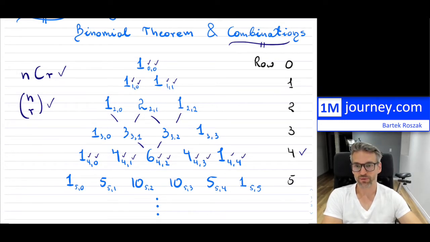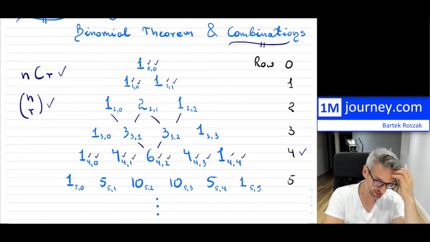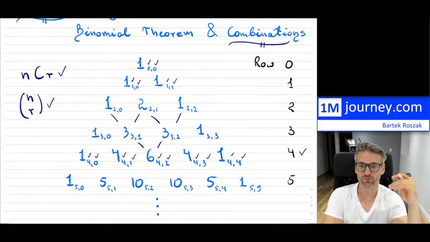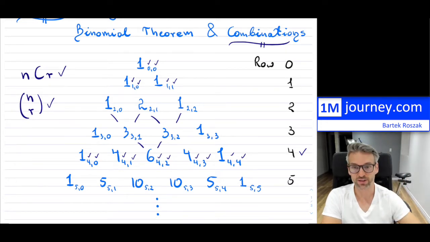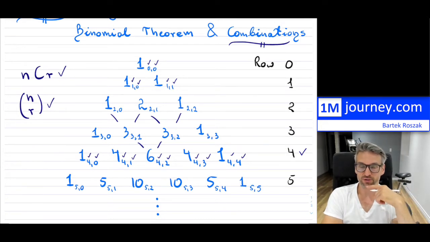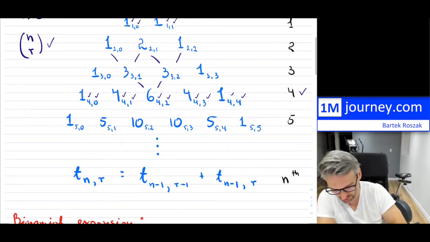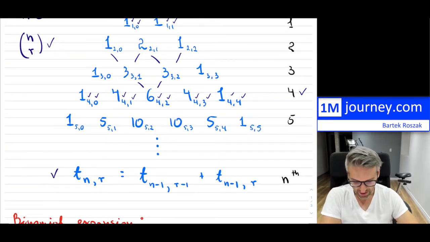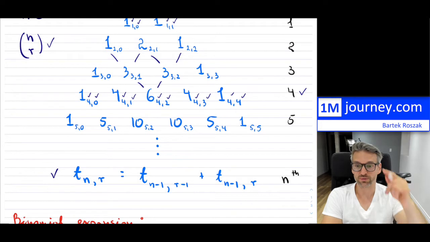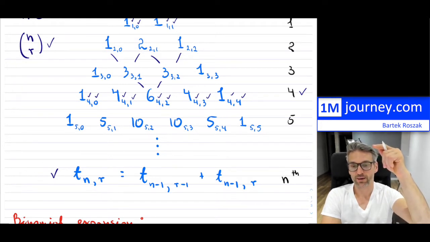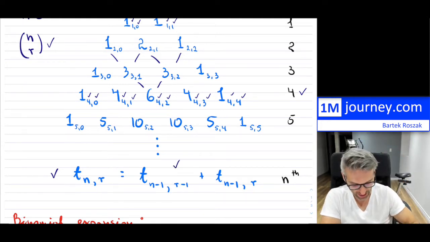Now, as you keep going, it does get a little bit annoying, because if you have more and more rows, there's a lot more work to be done to try to figure things out. In one of the videos when we were doing ordered counting, I did give you the general expression, so any term that you like is basically just the sum of the previous two, which you can have right here.